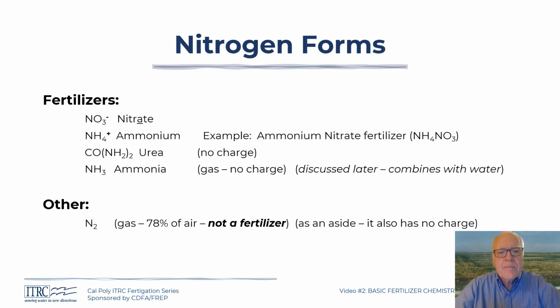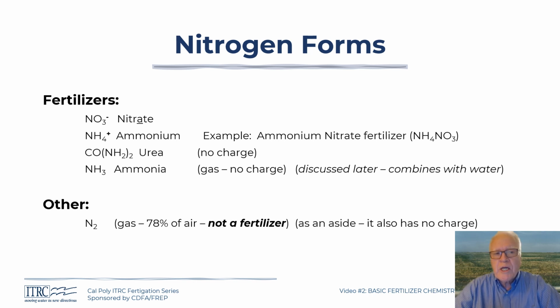So here are the most common forms of nitrogen that we encounter in the fertigation world. Now there are other forms of nitrogen, like nitrite, but this is what we primarily deal with in fertilizers. The nitrate has a single negative charge with 3 oxygens, and I've already talked about that.